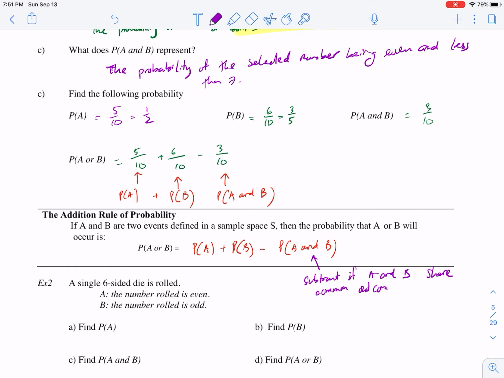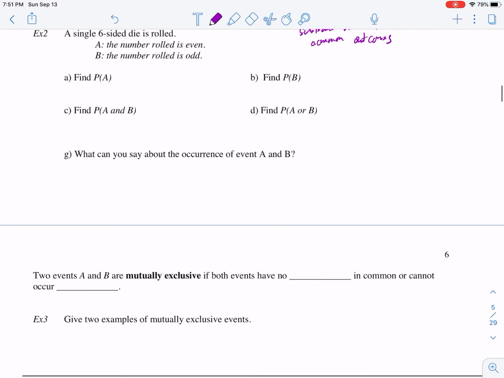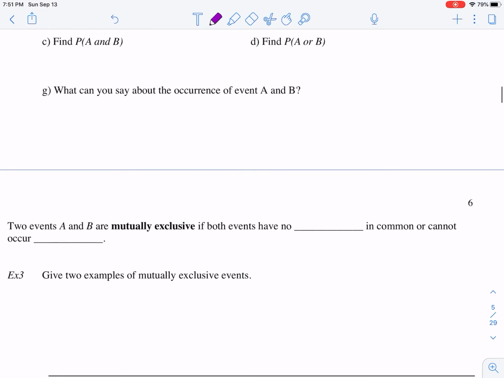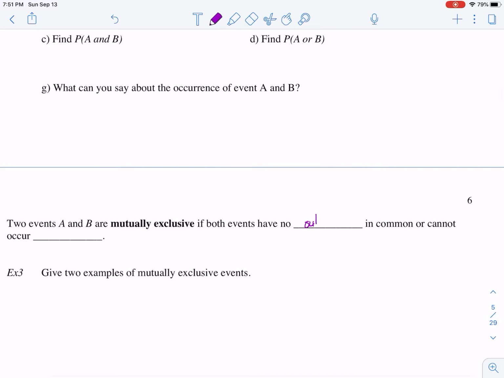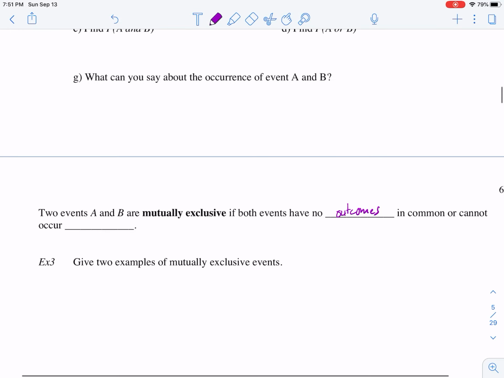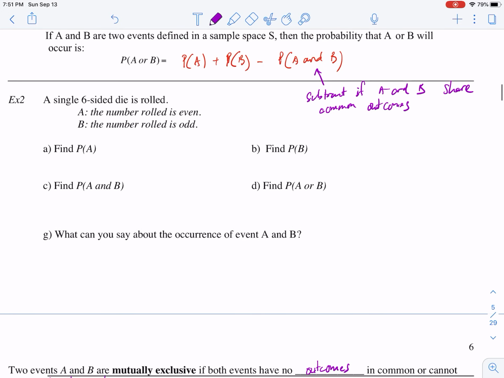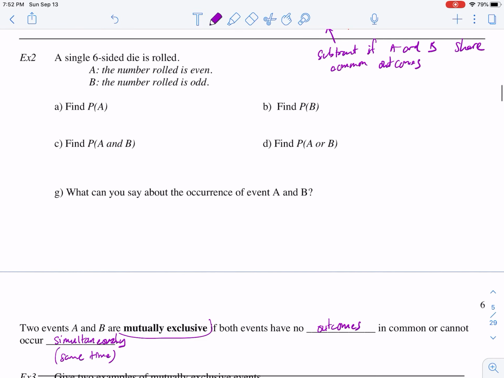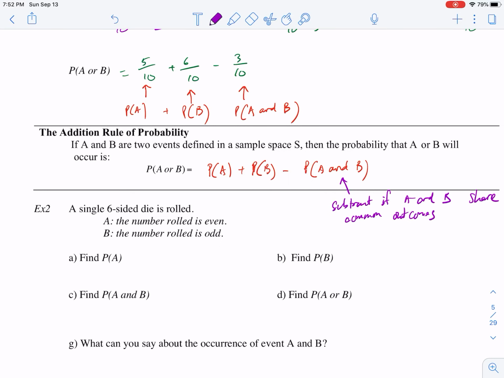And there's a term for 2 events that share common outcomes, meaning they can occur simultaneously, and that's going to be the next page where we define those 2 events are mutually exclusive if both events have no outcomes in common and cannot occur simultaneously, or at the same time. Okay. So if 2 events do share common outcomes or can occur at the same time, we say those 2 events are not mutually exclusive. Okay. All right. So moving on to example 2 here.